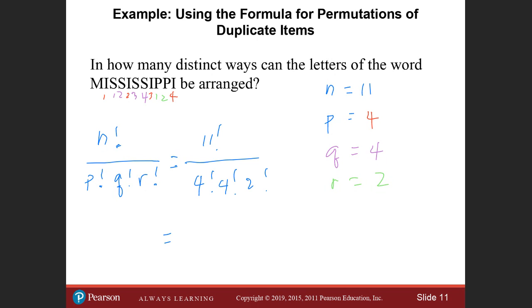So let's press 11, then math, go to the right, PRB, and then number 4, the factorial button, and then the division button. You have to put this denominator in parentheses in your calculator, so it will not be mixed up. If you don't put the grouping symbol, then you have a different answer.